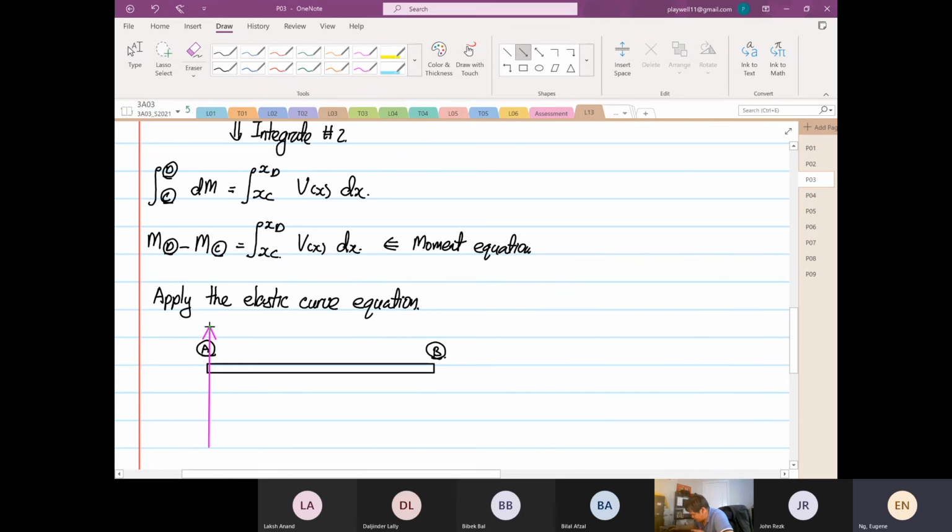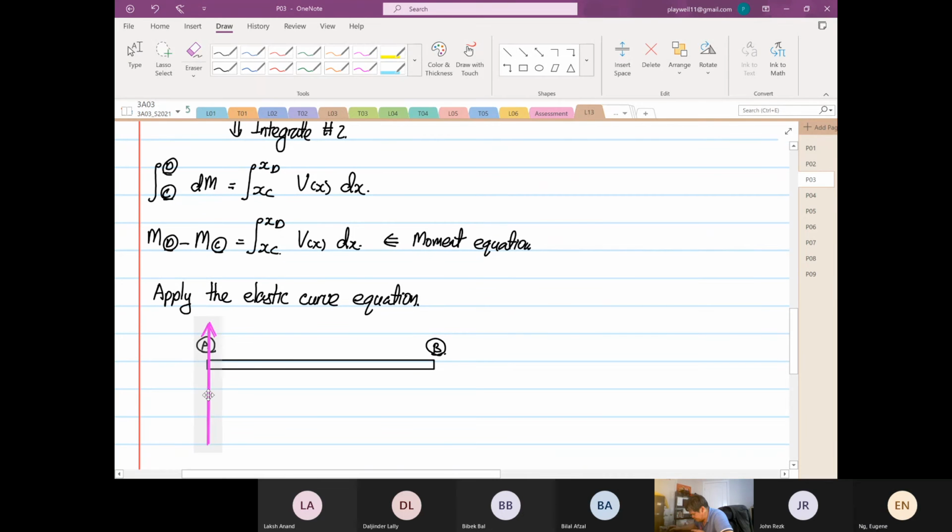So this axis over here is your y-axis, and this axis over here is your x-axis. And the distance over here, we know that this is your L.